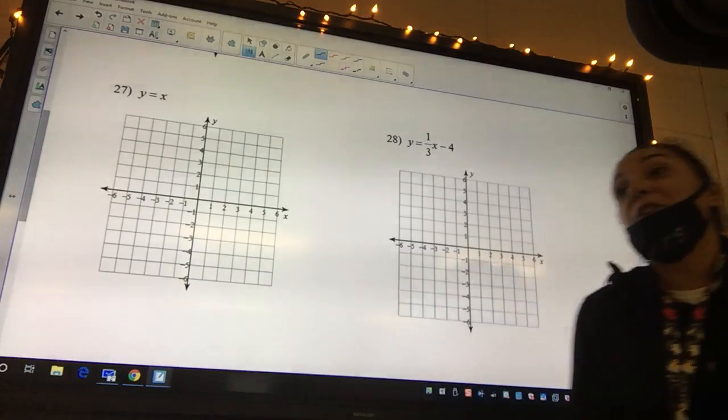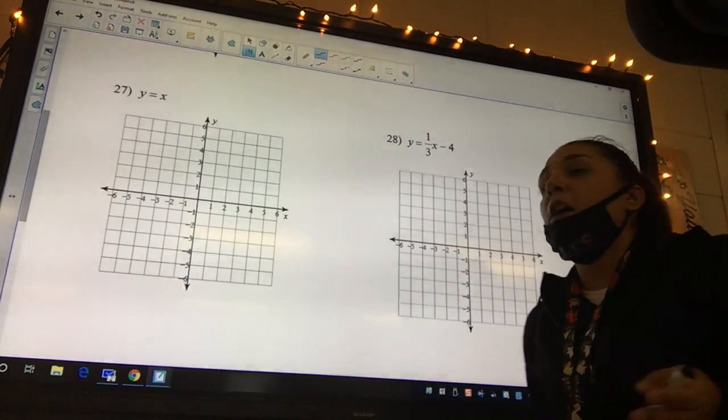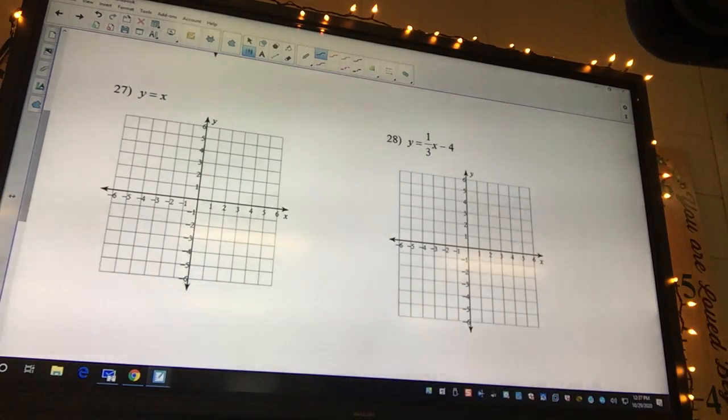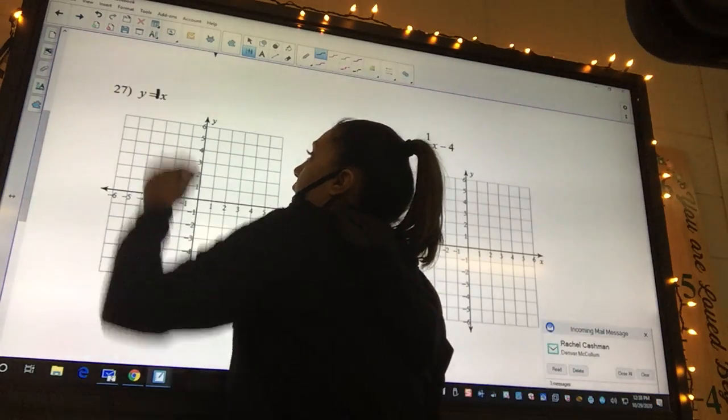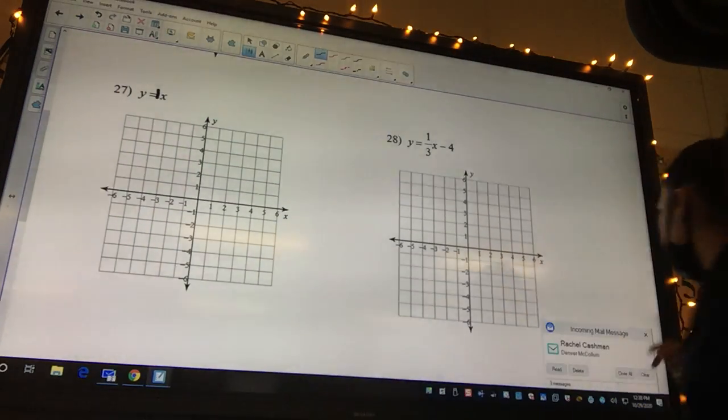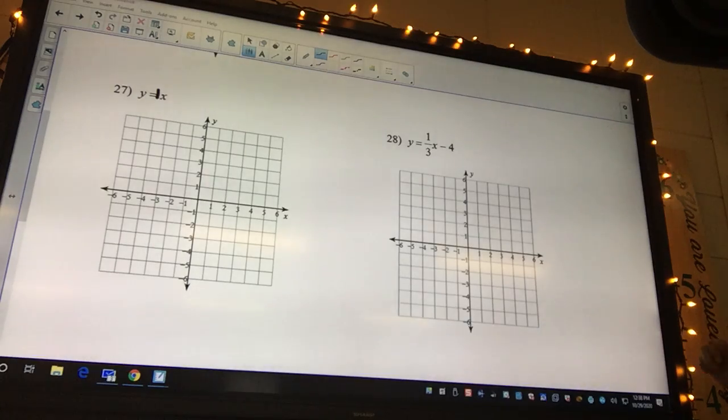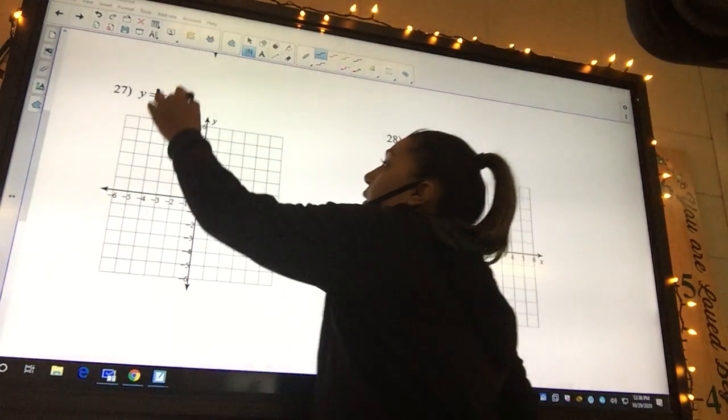There's not a negative sign, so that means it's positive. Okay, and what is our slope? It's not x. y. So there's nothing in front of it, so we know that our slope is 1. What about our y-intercept? It's 0 because there's nothing there.